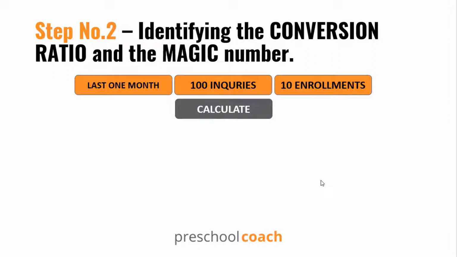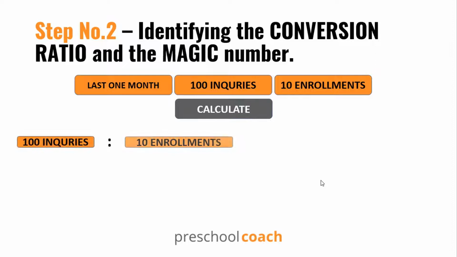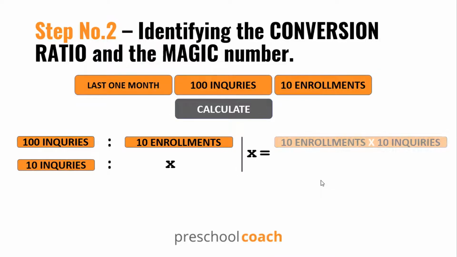So let's do a simple calculation. Suppose out of 100 inquiries, you were able to convert 10 enrollments. Then, out of 10 inquiries, how many will you be able to convert? Let's assume this as X. Now let's cross multiply.